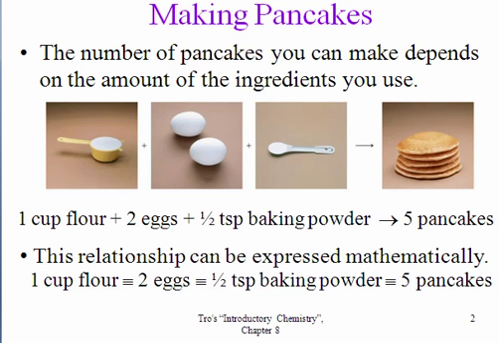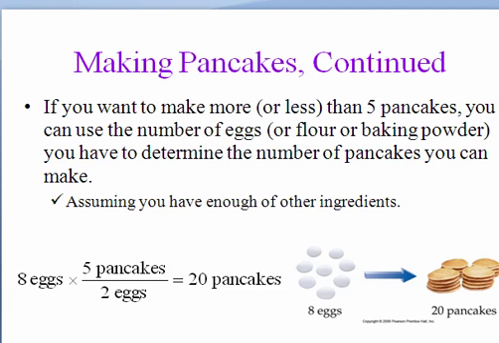Well, we know from our recipe that 2 eggs gives us 5 pancakes. This comes from our recipe, and we're going to use that to see if we have 8 eggs and 2 eggs gives us 5 pancakes. Our eggs cancel out, and when we do the math, 8 times 5 is 40, and 40 divided by 2 is 20. We get 20 pancakes.